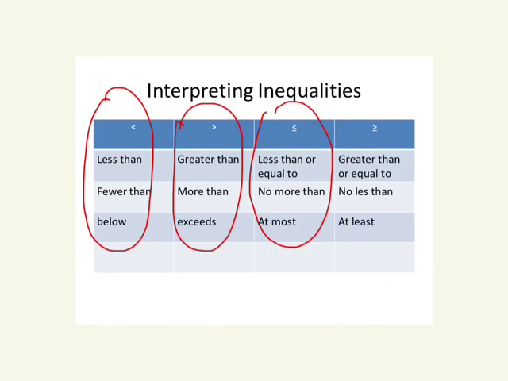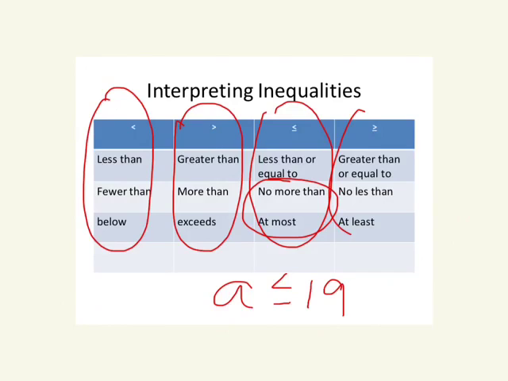Now the tricky ones are these two right here, because no more than or at most, they use the words most and more, but they actually mean less than or equal to. So no more than or at most means less than or equal to. So for example, if I said you can be at most 19 years old to go to the teen dance club, then your age would have to be less than or equal to 19.